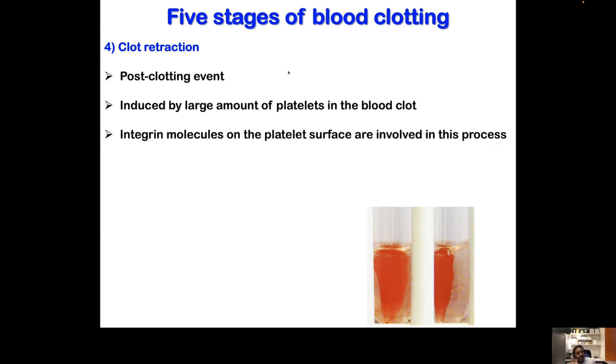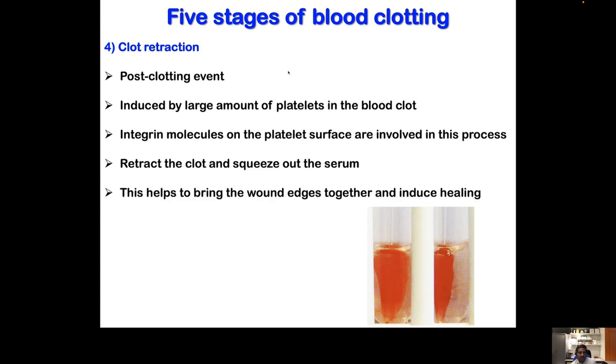There is an important molecule called integrin present on the surface of platelets, and these molecules are driving the clot retraction through platelets within the blood clot. Okay, these are integrin molecules. Don't forget. So the clot will retract and it will squeeze out all the liquid, which is basically serum, present within the clot.